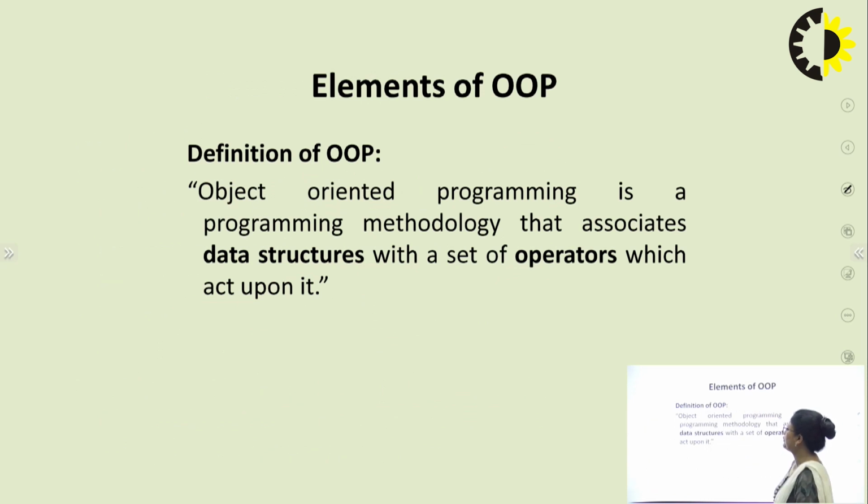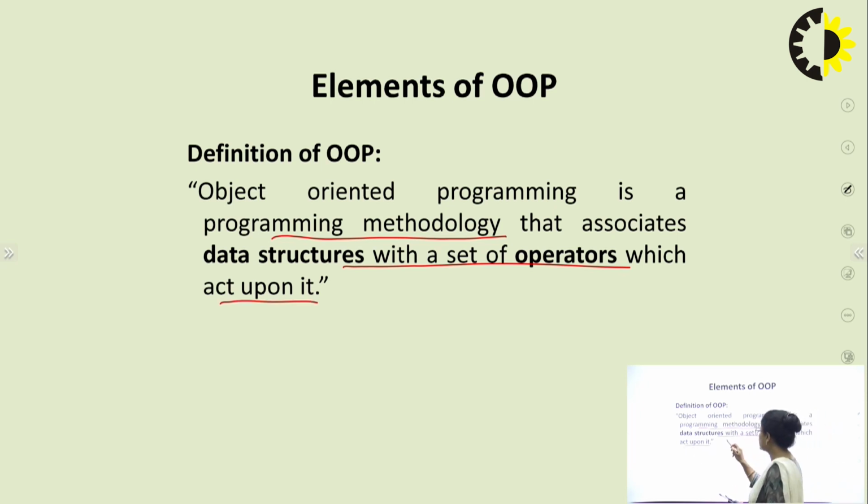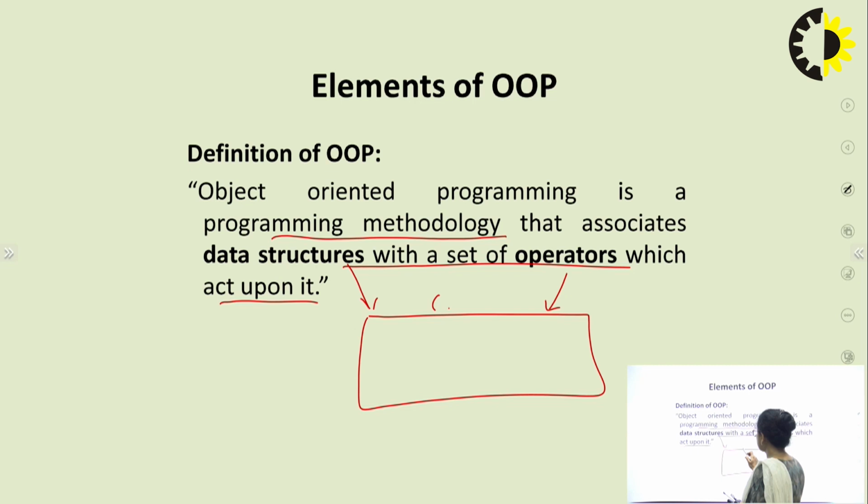Now, if we want to define object-oriented programming, we can say it is basically a programming methodology where we associate data structures with a set of operations which act upon them. So the data structures and the operations, these two will be forming the members of an important component which we call a class.